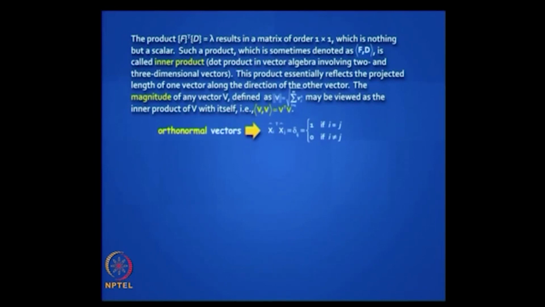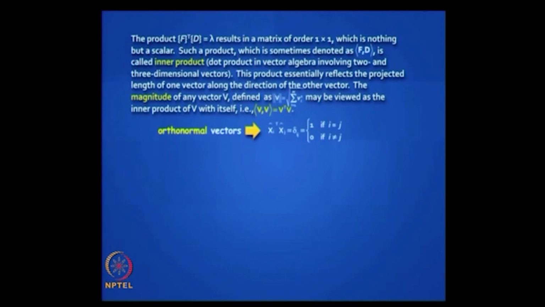So what kind of product is this? Well, we say dot product in physics when you deal with 2 and 3 dimensional spaces, but it is called an inner product in general. You can also show it in this fashion. This is a symbolic way of showing the inner product. So I will read this. The product F transpose D equal to lambda results in a matrix of order 1 into 1, which is nothing but a scalar.